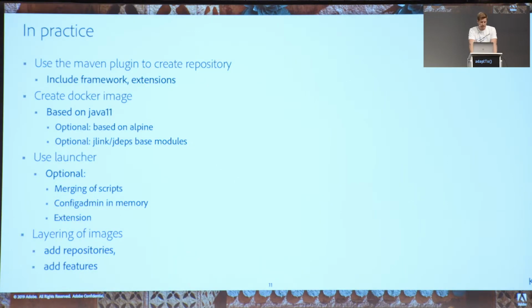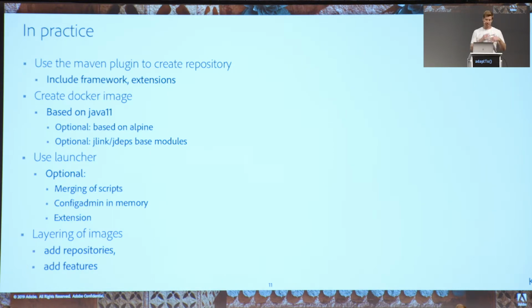If we want to use it in practice, the typical way it's envisioned or used is that you use the Maven plugin that David mentioned to create a repository locally. And then you take that repository and you wrap it in a Docker image. I say here, base it on Java 11. You can base it on Alpine.